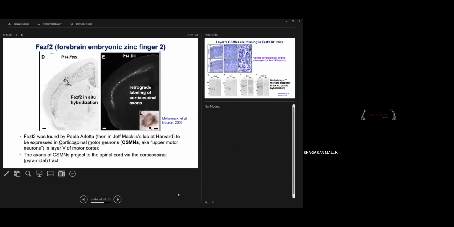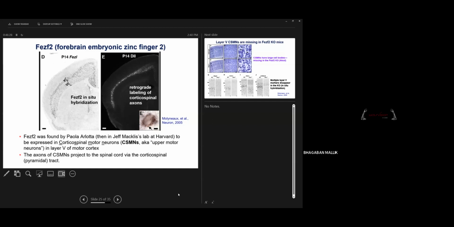The axon of the corticospinal motor neuron projects to the spinal cord via the corticospinal tract or pyramidal tract. So it is projecting to the spinal cord from the layer 5 of the brain.